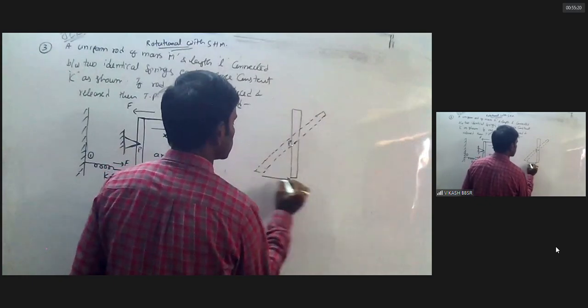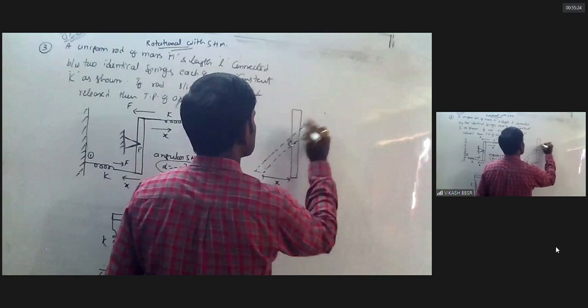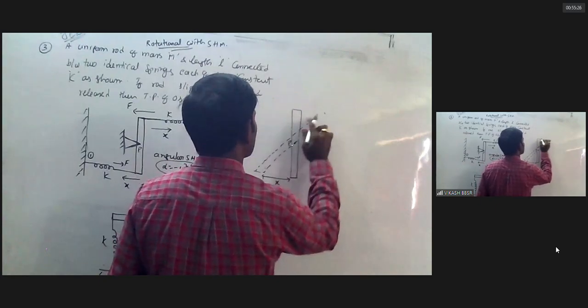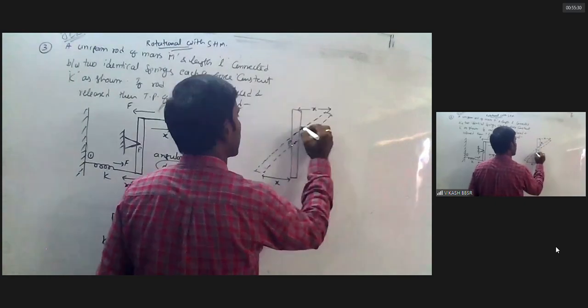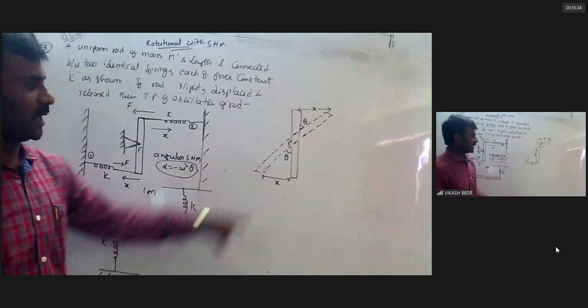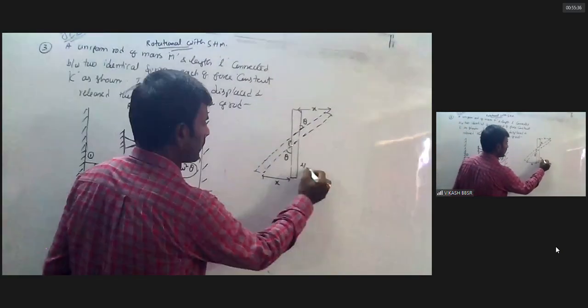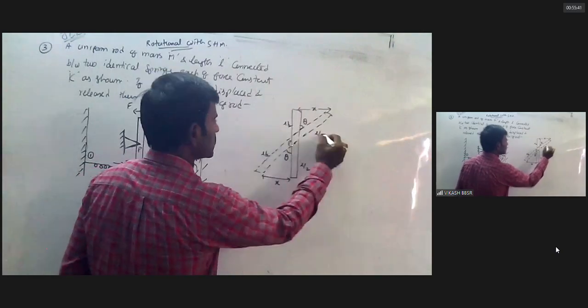By how much is this turned? This is also x. Here how much angle is made? Theta. Here also theta. So we need to calculate theta. You know this length is L by 2, this is also L by 2.